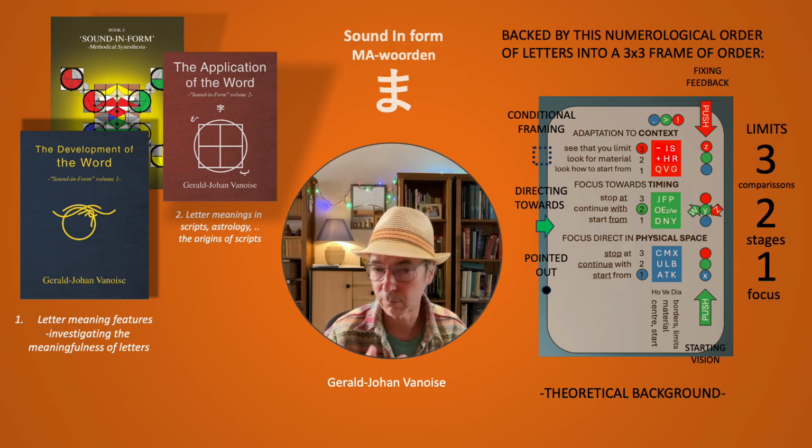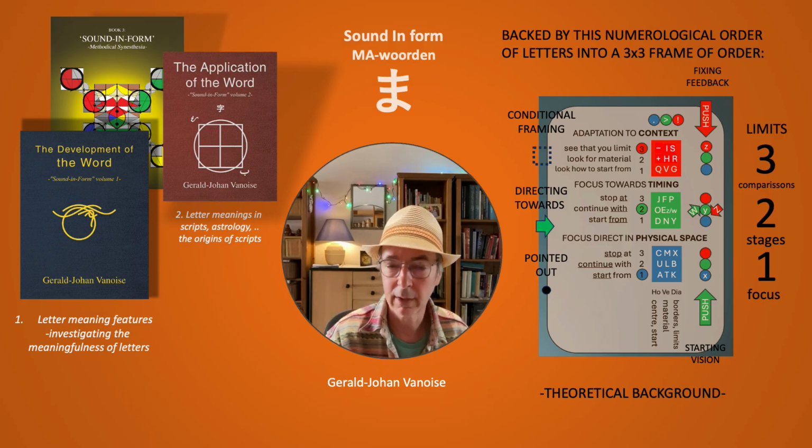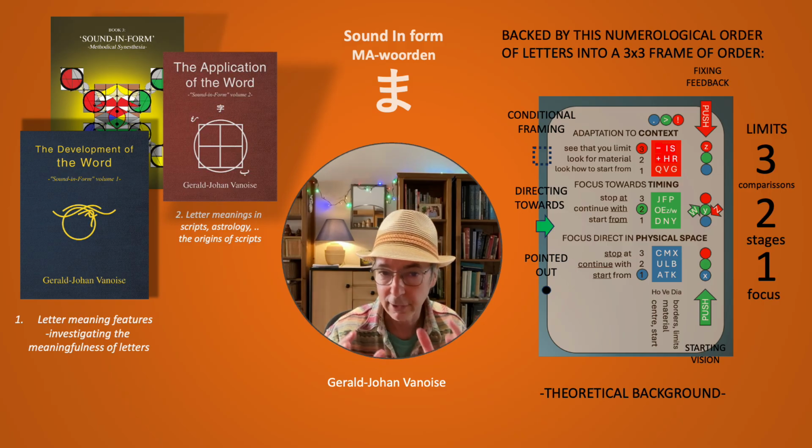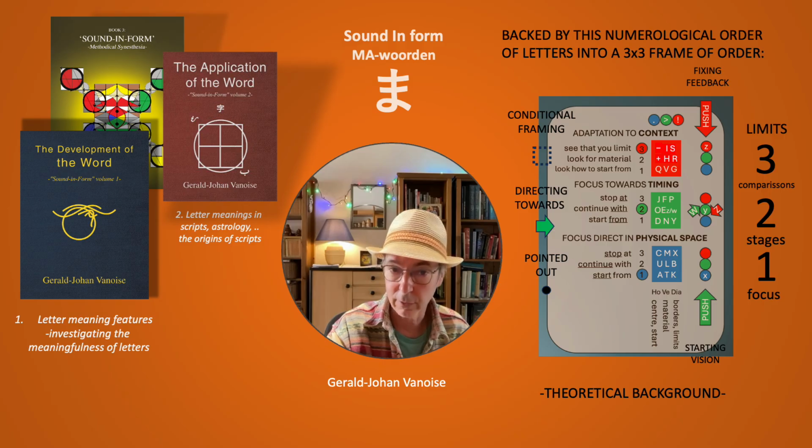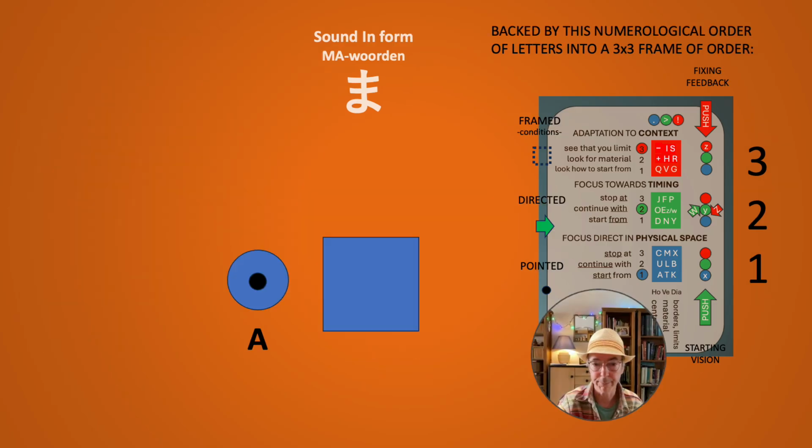I give it a go with a very simple character, the MA. You can see here the Japanese letter. This letter should have exactly the same position as focus in someone's mind to give things an order, as I have it here in my scheme. Let's find out and have some examples with MA.